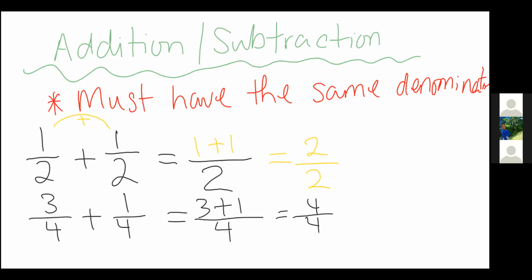I must have the same denominator, but sometimes we would not have the same denominator, and we would need to create a denominator, and that is called finding your LCM, lowest common multiple.